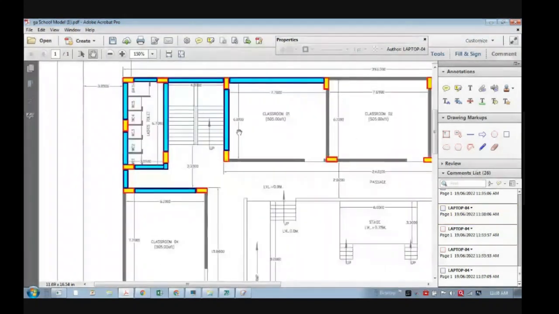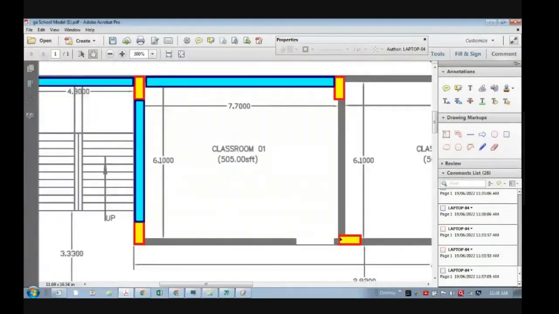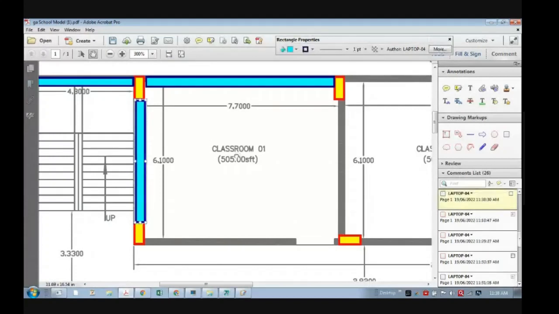Now let's go to the rooms. Rooms में भी क्या करेंगे हम? Again you will see here. Or this column faces in this side and this is here. That means I cannot rest the beam completely.